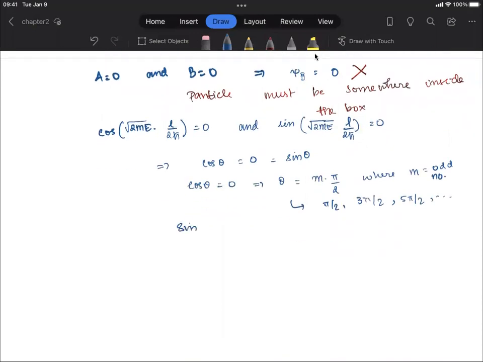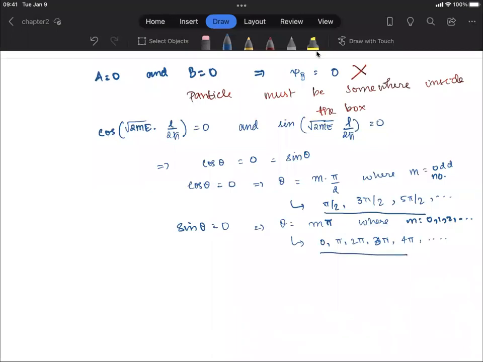Now sine theta equals 0 would imply that theta is some form of n pi, where n can be anything, 0, 1, 2, and so on. Or theta is going to be 0, pi, 2 pi, 3 pi, 4 pi, and so on. And we know that none of these values can ever be equal to any of the values of theta in the other case, right?